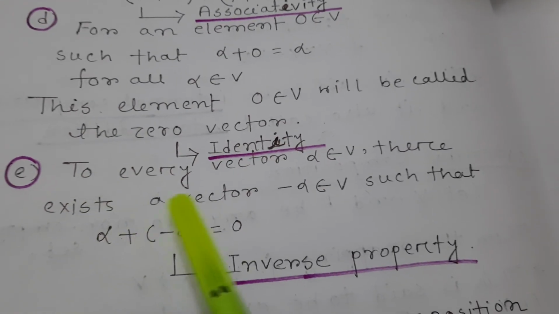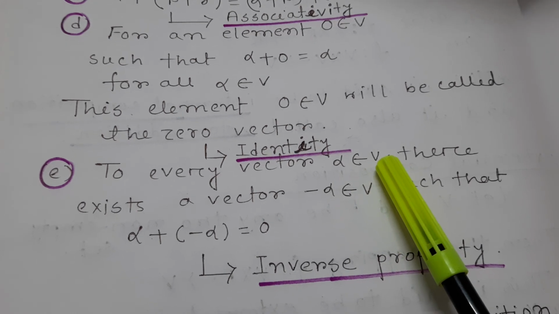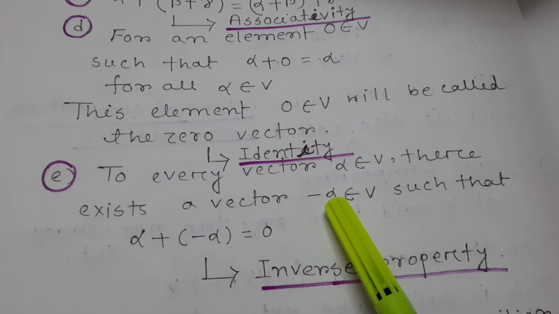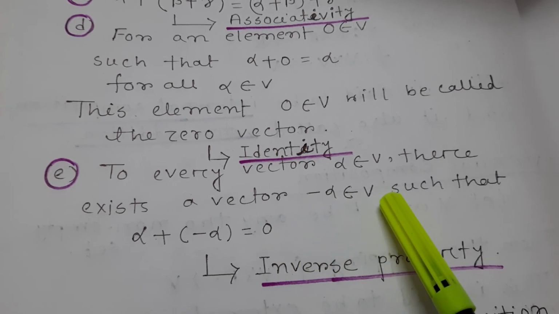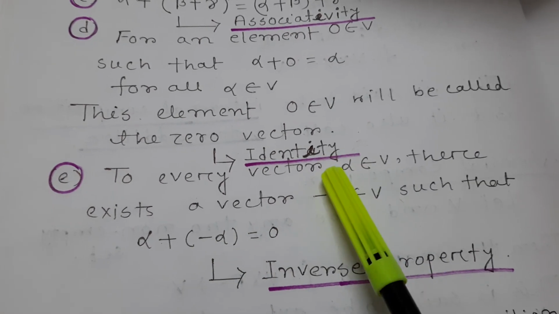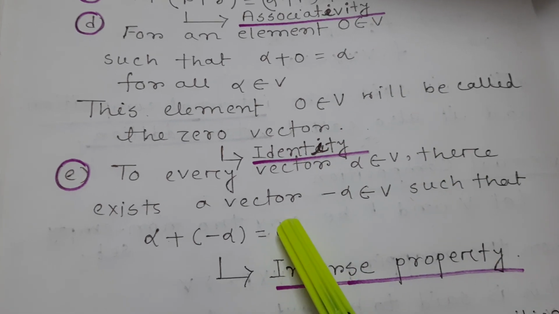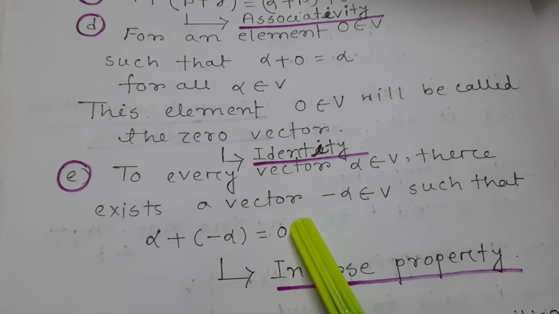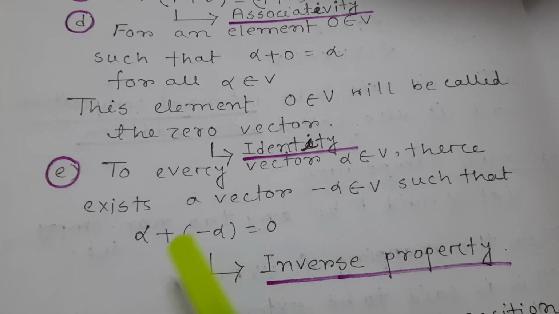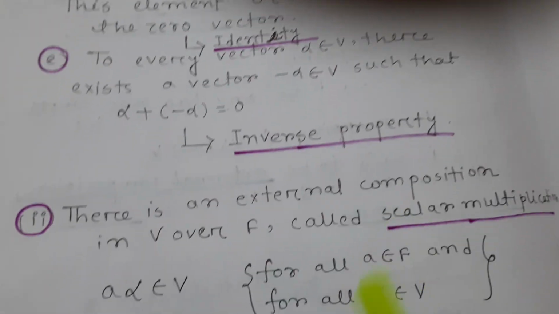After that, to every vector alpha belonging to V, there exists a vector called minus alpha belonging to V, such that alpha plus minus alpha equals 0. If alpha is an element of vector space V, then the element minus alpha also exists in V, such that alpha plus minus alpha equals 0. This is called the inverse property.